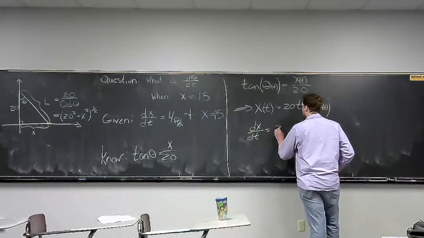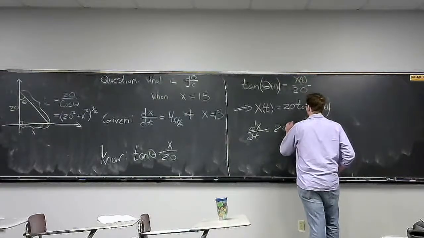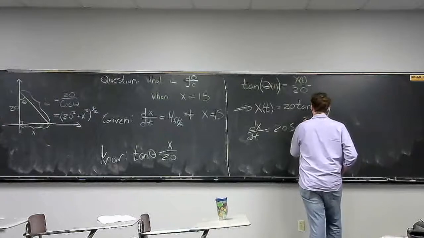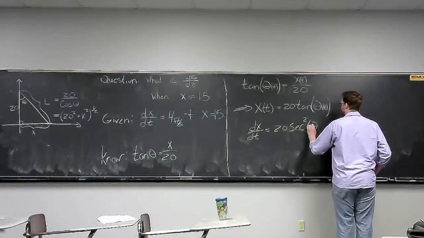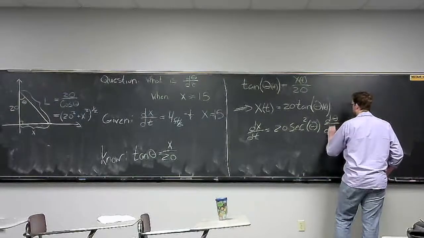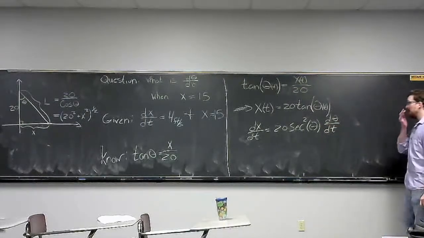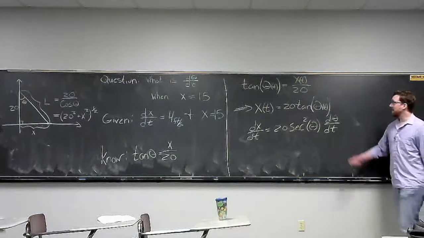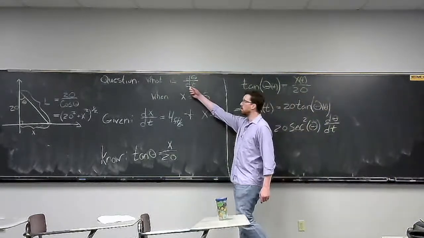So writing that out, we get 20 times the secant squared of theta, times d theta dt. I'll be damned. Isn't d theta dt what we were looking for?